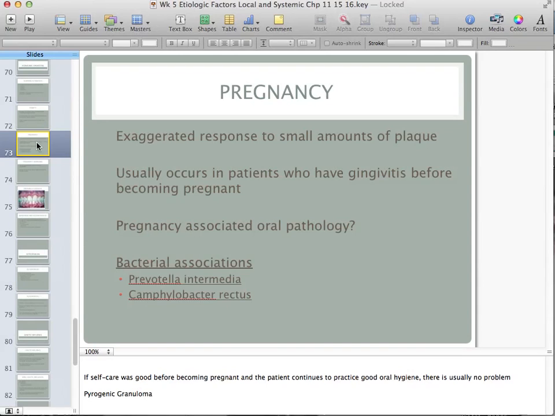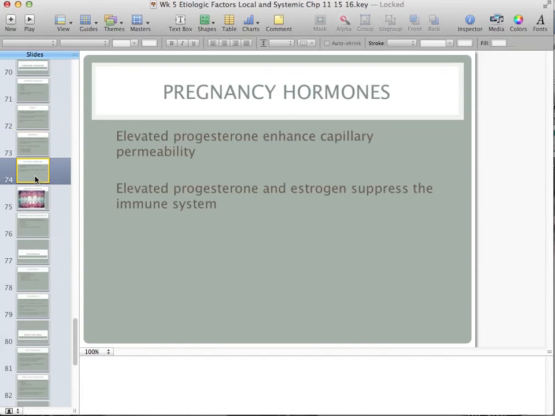Also, it's important to think about a lesion that can occur in pregnant women, and it's called a pyogenic granuloma. And basically that is just a red swollen lesion on the gingiva that is due to really swollen gums and bacteria in the area due to hormones.